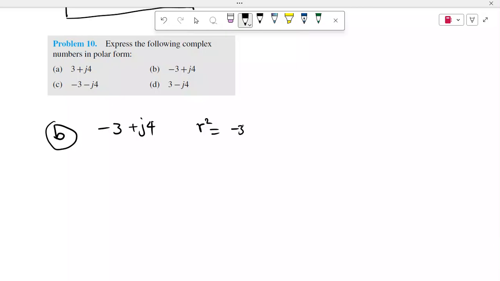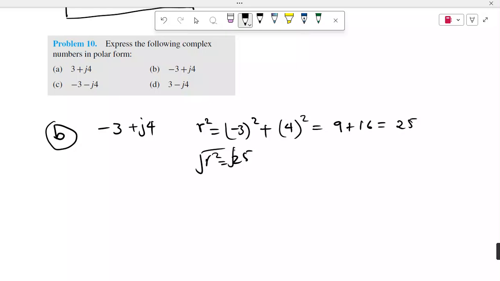So you have negative 3 squared plus 4 squared, which is 9 plus 16. So this plus this, it will be 25. So r squared equals 25. You take a square root, r equals 5.